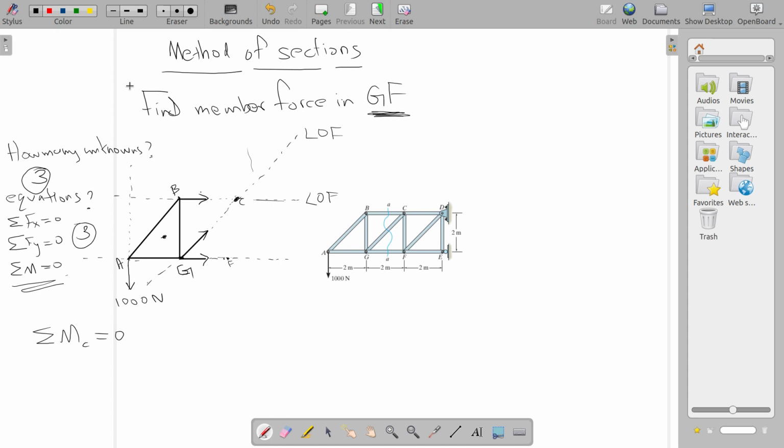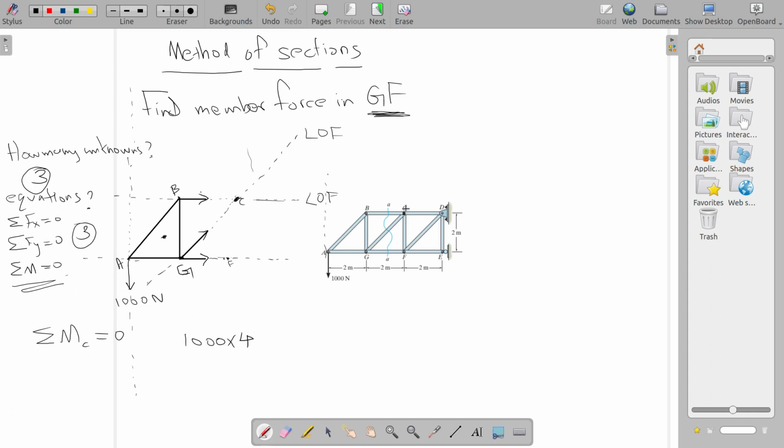Line of action of this force is this long infinite line. What is the distance between the line of action of this force and this point? 2 plus 2, 4. So 1000 multiplied by 4.